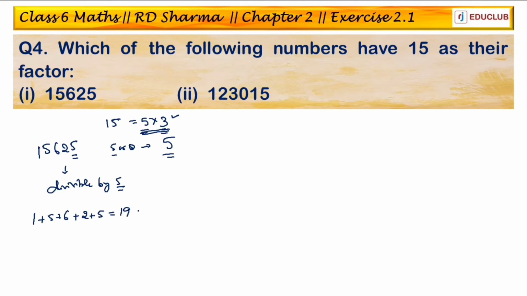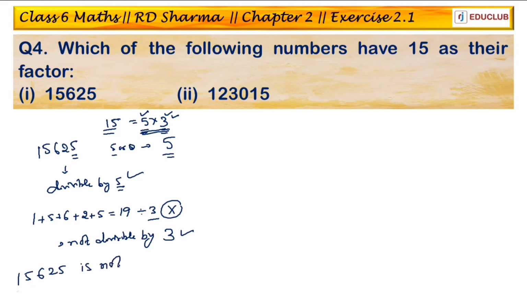And 19 we cannot divide by 3 completely. So this is not divisible by 3. It is divisible by 5 but not divisible by 3. If the number is to be divisible by 15, then it should be divisible by both. This is not divisible, so we can say 15625 is not divisible by 15.